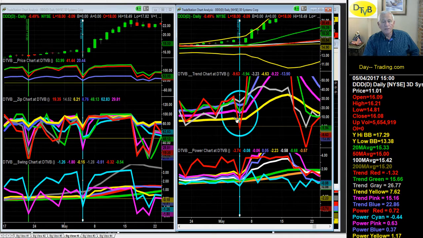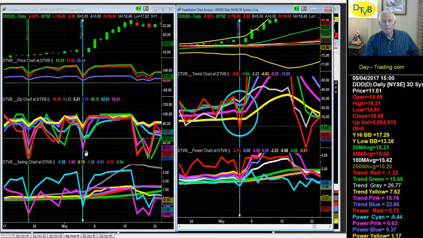Underneath the 0 line, it's just an area. There's not anything that it physically hits. But the signal for it is that when the crossover takes place, the following day will be an upturn. And then we go to places like the zip chart, and we see that we have a red spike.